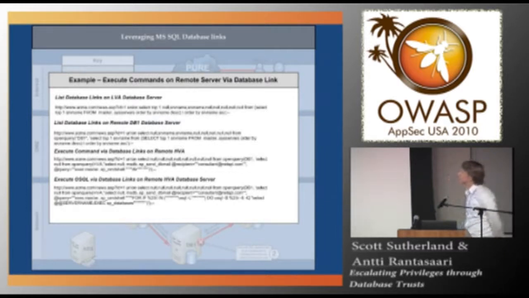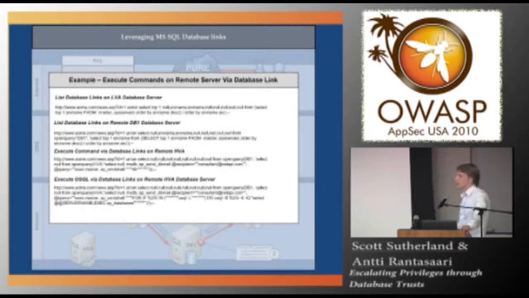Another thing about linked servers, just to touch quickly: with linked servers, you run queries using OpenQuery. There's also OpenRowset, which some of you might be familiar with, which is another way to run SQL queries against another database. However, for OpenRowset, you run ad hoc queries.